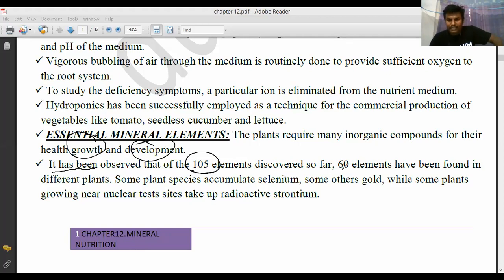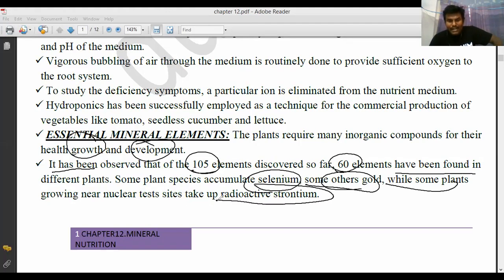Yes, everybody knows that. 60 elements have been found in different kinds of plants. Some plant species accumulate selenium, some plants gold, while some plants growing near nuclear test sites take up radioactive strontium in their plant parts.